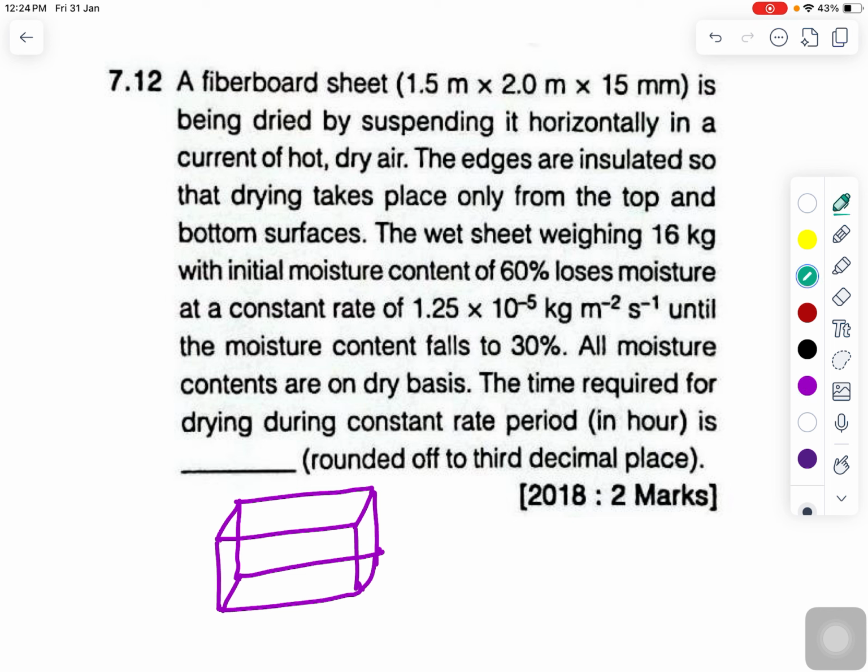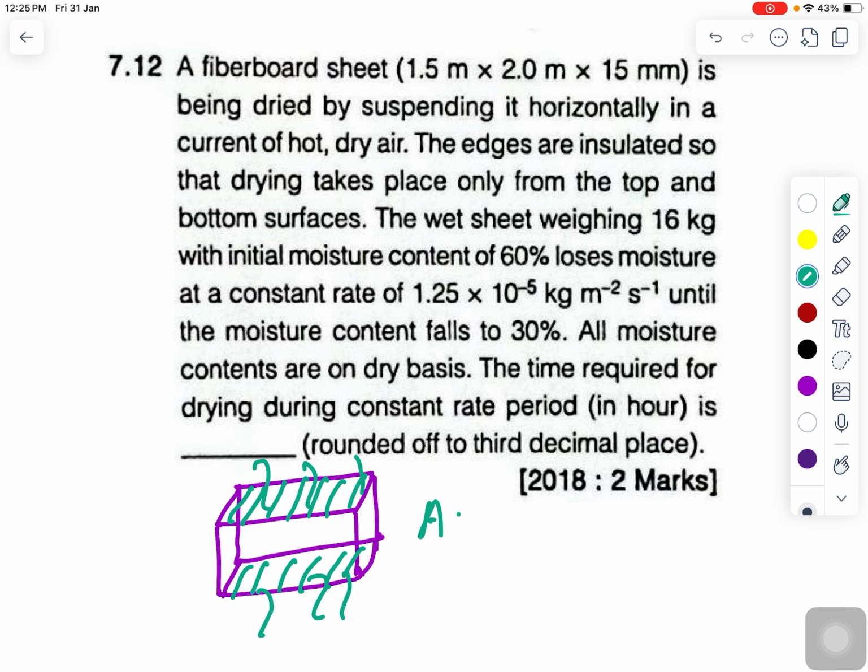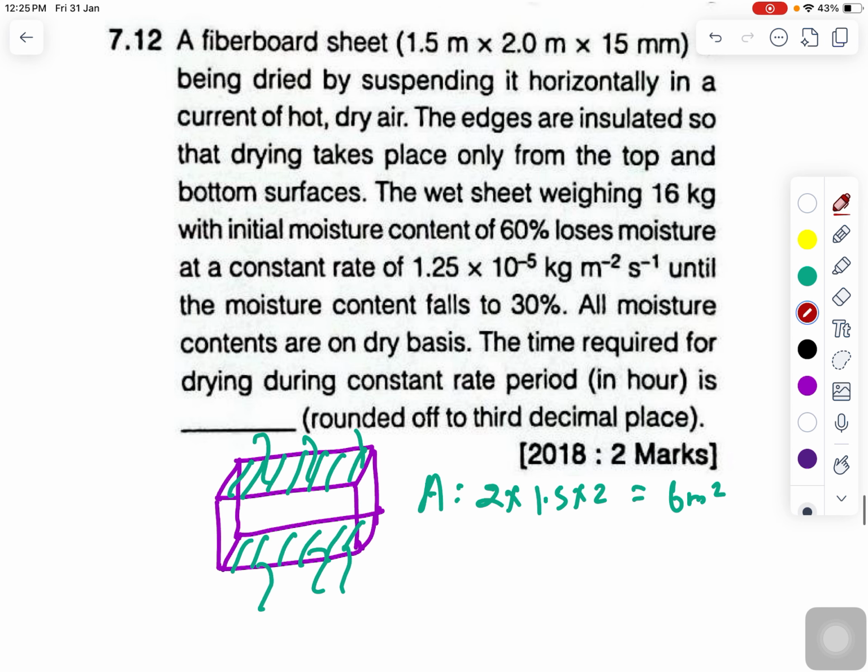If I make this one green, drying will take place from this and this green surface only. So if I want to calculate the area, the area will be equal to 2 into 1.5 into 2, that is 6 meter square, and the weight is 16 kg with initial moisture content of 60%, losing moisture at a constant rate.